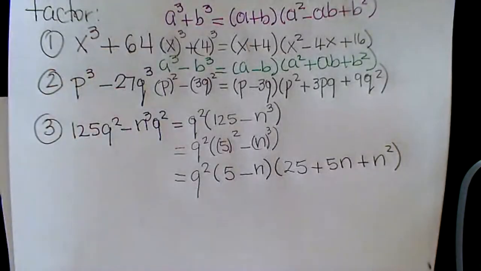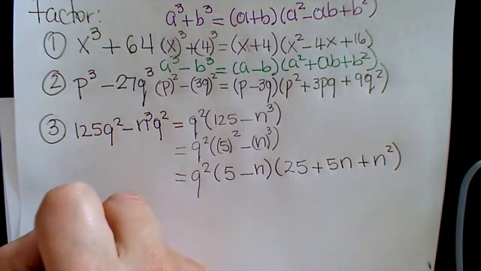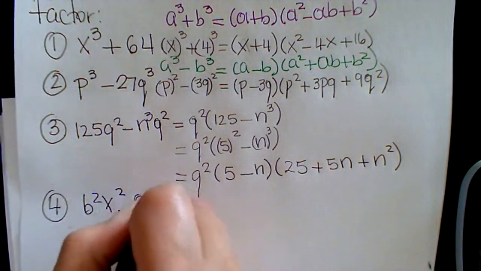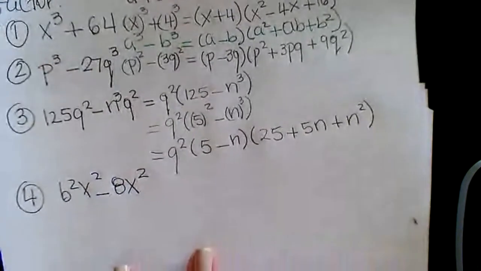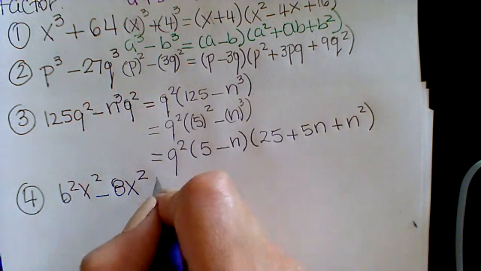And I do have another one. This one is b cubed x squared minus 8x squared. We will have to factor out the x squared. Okay?